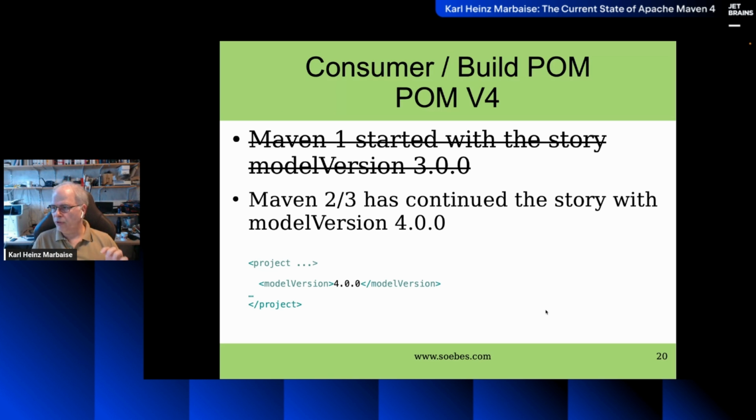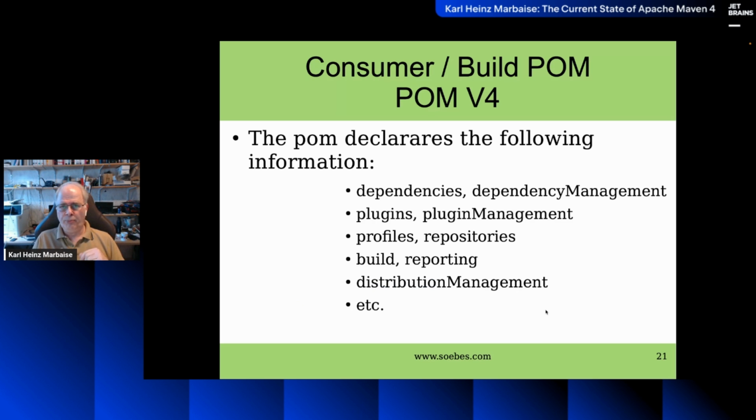In all POMs, you see that model version 4.0.0, something like that. And if you don't do that, your build will crash and will not accept that. The problem is that you declare several parts in the POM file, like dependencies, dependency management, plugin management, things like that, profiles, repositories, distribution management, and many other things.